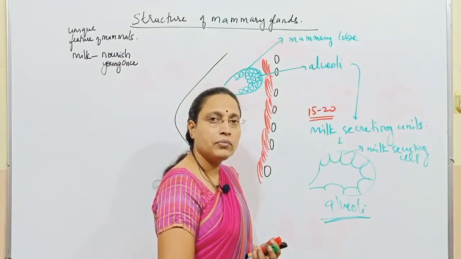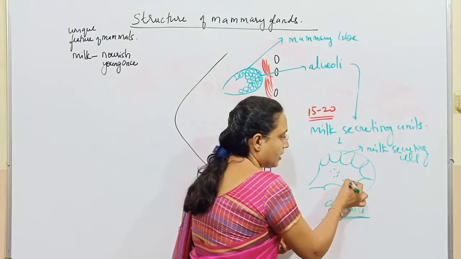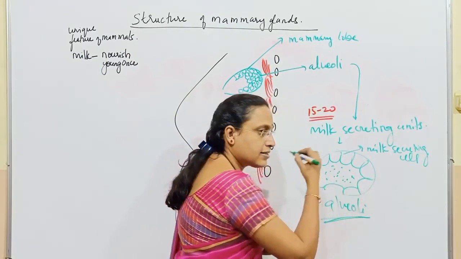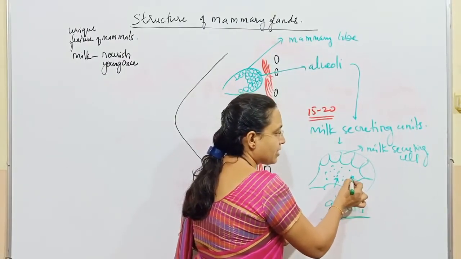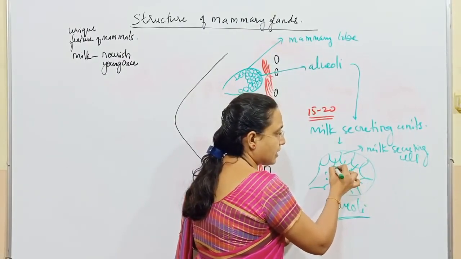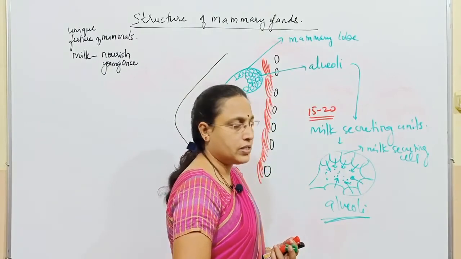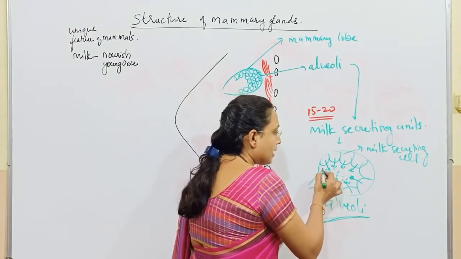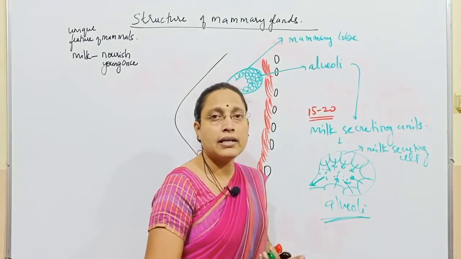Alveoli. And therefore there is a cavity at the center. When these cells secrete milk, the milk is going to get collected in this cavity, the alveolar cavity. Then the milk that gets collected is further pushed into the duct system.